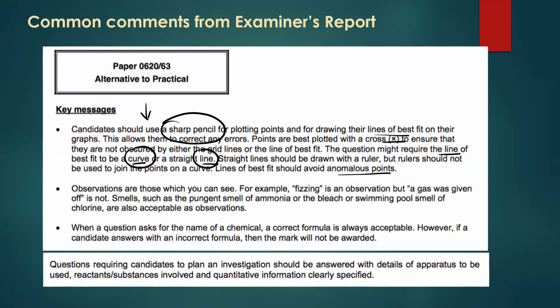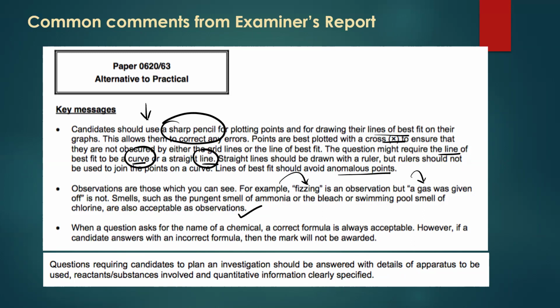Then whenever you write the observation, you have to write fizzing or effervescence or bubbles. If you write that the gas is given off, then you will not get the mark, because you have to write the observation. In observation, you write what you see. So you can see the bubbles and fizzing, but you cannot see the gas. Smells such as the pungent smell of ammonia or bleach or the swimming pool smell of chlorine are also acceptable as observations.